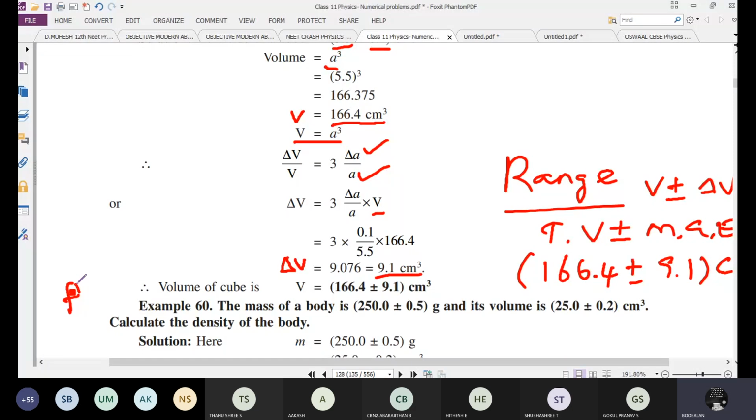Homework. The density formula you know very well: mass by volume. It is based on division. Please note it. We go for the next problem.